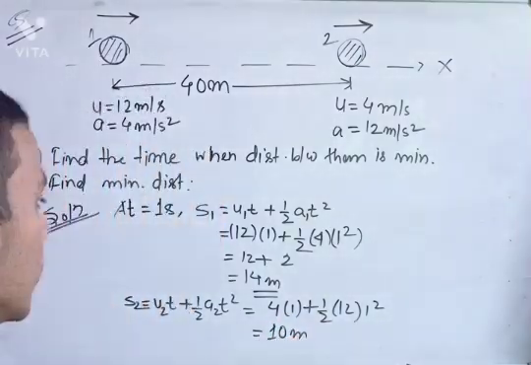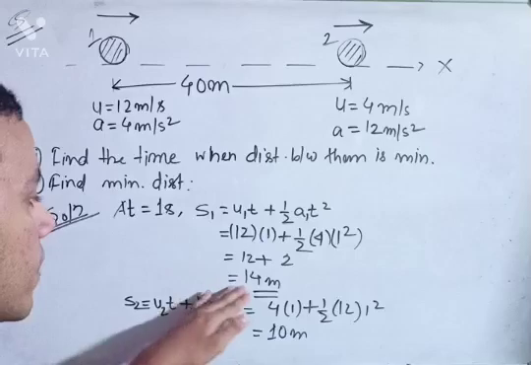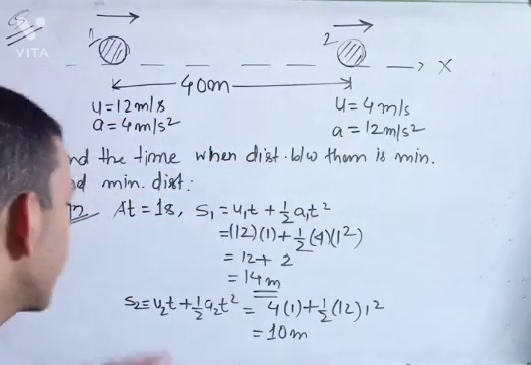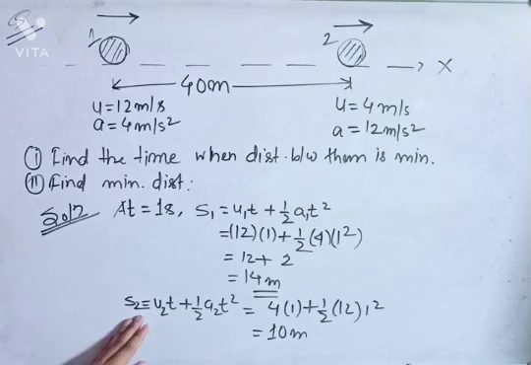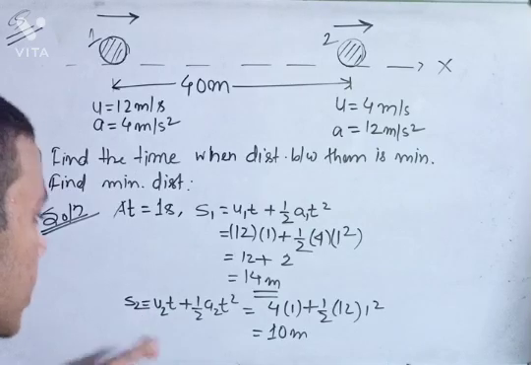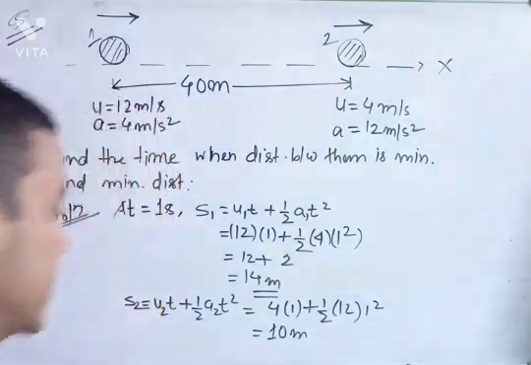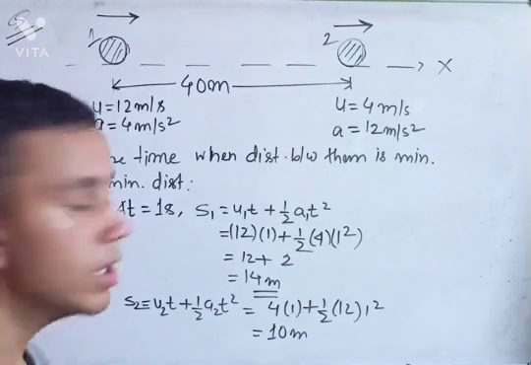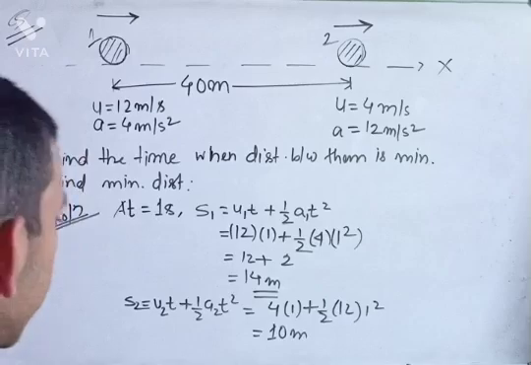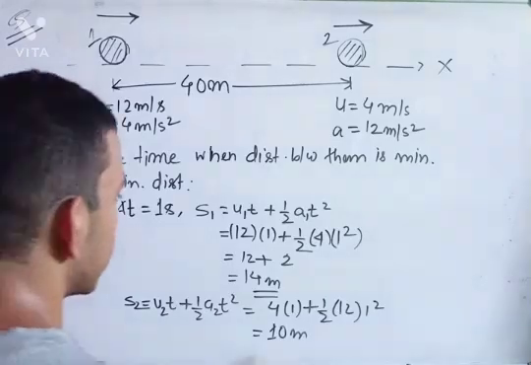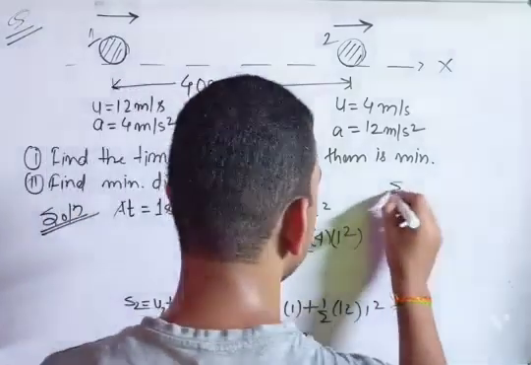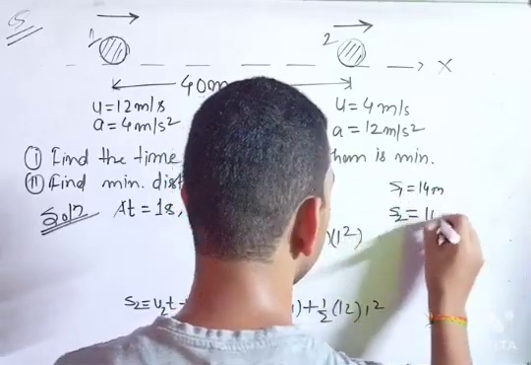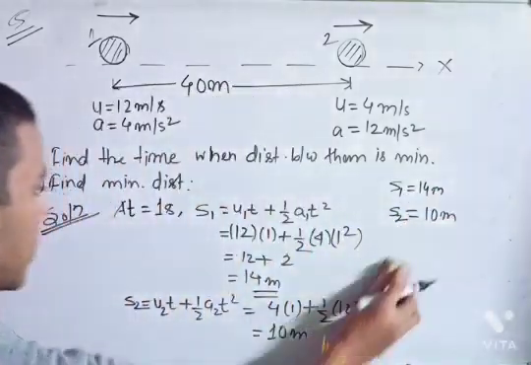That means after t is equal to 1 second, the displacement of the first particle will be 14 meter along the positive x-axis, and the displacement of the second particle is 10 meter along the positive x-axis. Now to find the minimum distance, d minimum, let's draw another diagram to understand it better. Let's write it here: S1 is equal to 14 meter, S2 is equal to 10 meter.